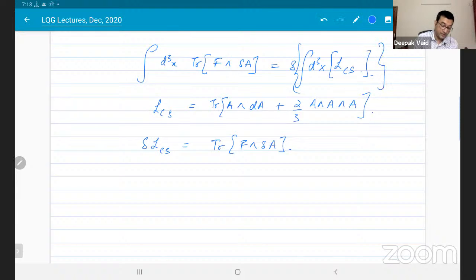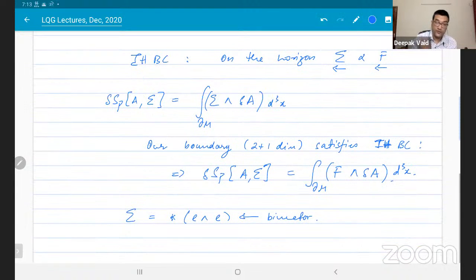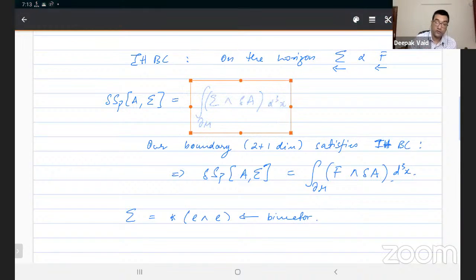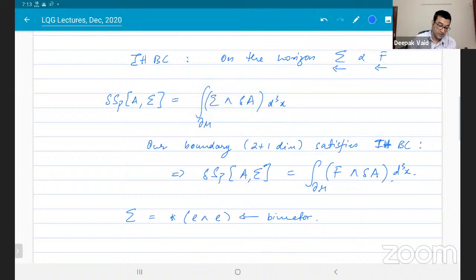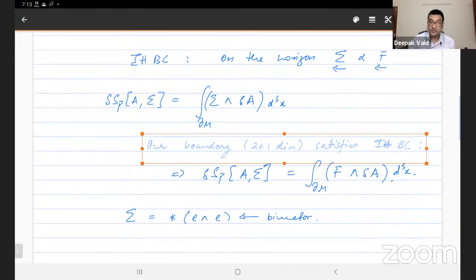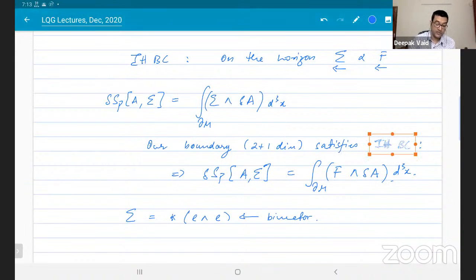So to recap, in your Palatini action, you perform a variation and you get this boundary term. Then you say that you have your inner boundaries, and these inner boundaries satisfy the isolated horizon boundary condition.